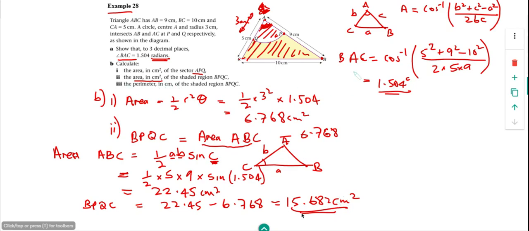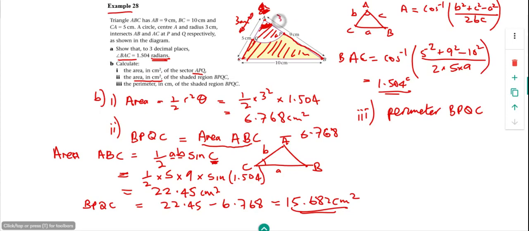So now I'm going to look at the perimeter of that region. So perimeter BPQC. For that, we've got 3 parts that we do actually know. So we know that bit, we know QC, we know BP there.